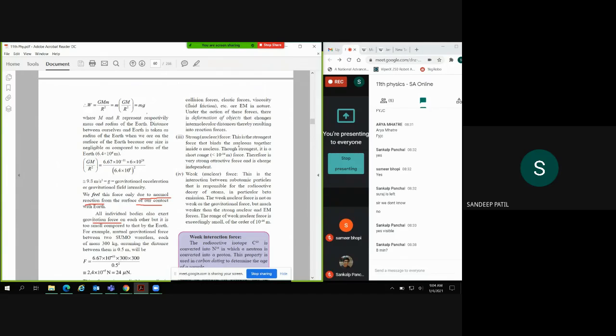But if you stretch the spring, you experience that force. So how is that an electromagnetic force? If you come down to the atomic level, we can explain it in terms of electromagnetic force. How atoms or molecules behave, we can define in terms of this electromagnetic force. Everything we can bring down to the atomic or molecular level, and we can show that at last everything is electromagnetic force.